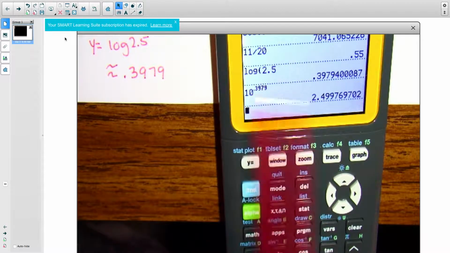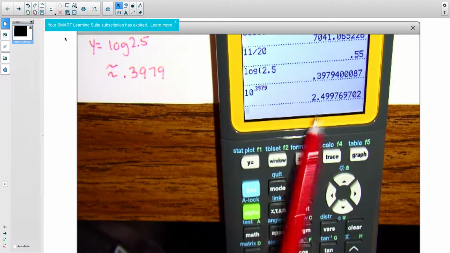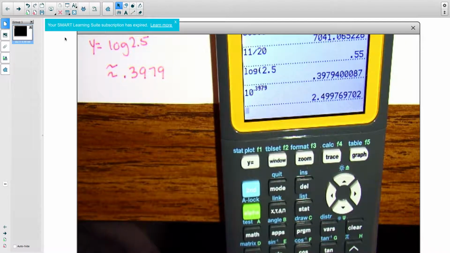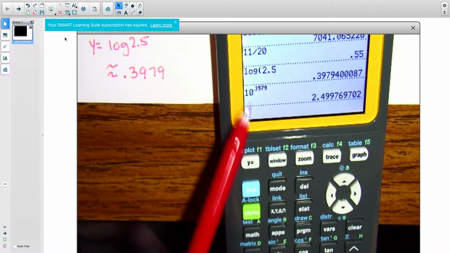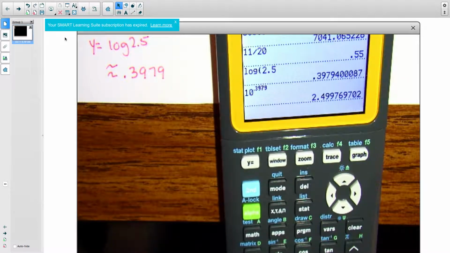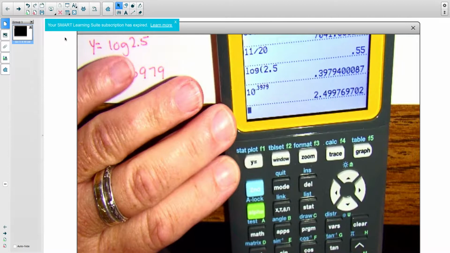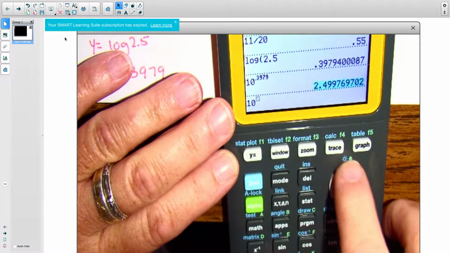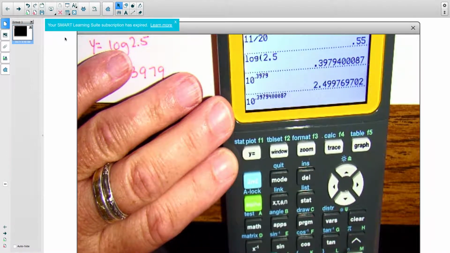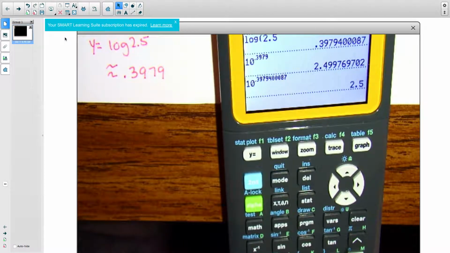There's my log of 2.5. If I take 10 raised to 0.3979, you get about 2.499. If I would have gone 10 up arrow this number, I actually get 2.5. So yes, that's what that means.